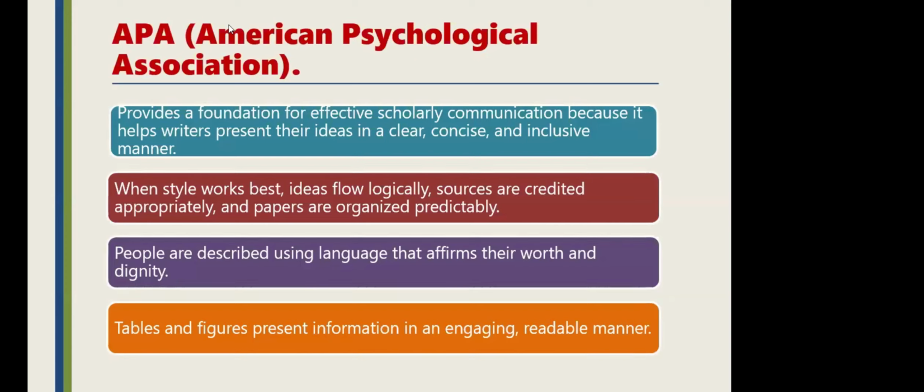So each style serves a specific purpose depending on the discipline and ensures your report is professional and easy to read. In most universities, in the education field, the most followed document style for preparing a report is APA style.